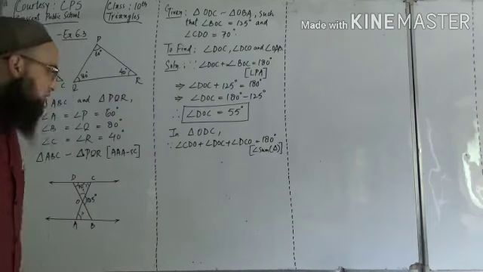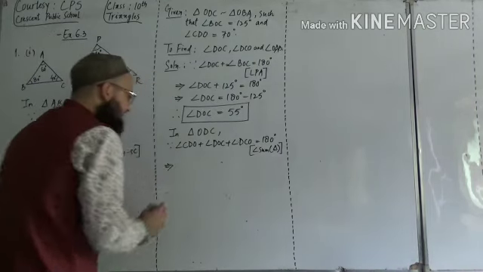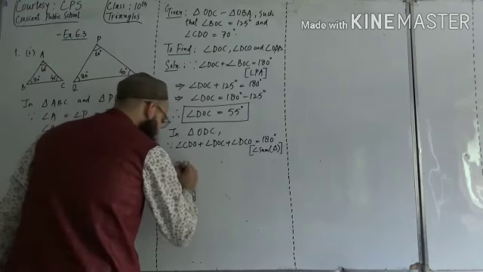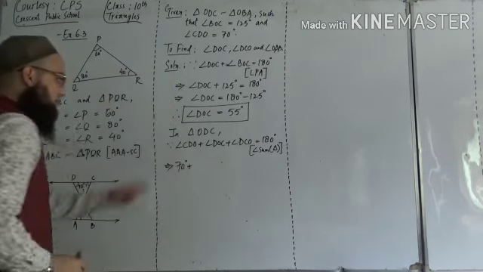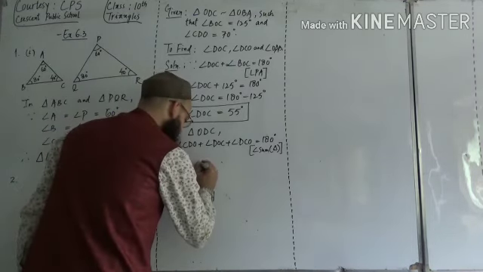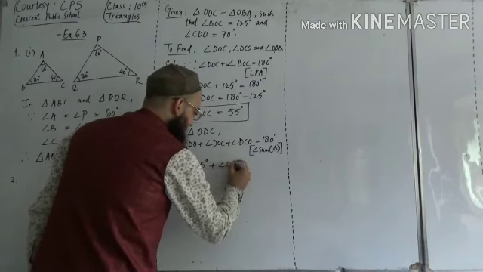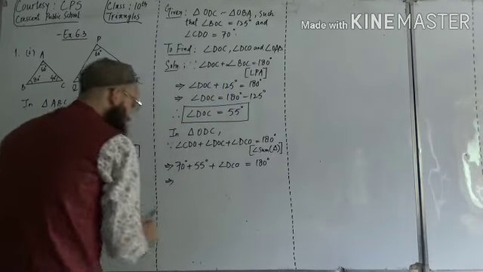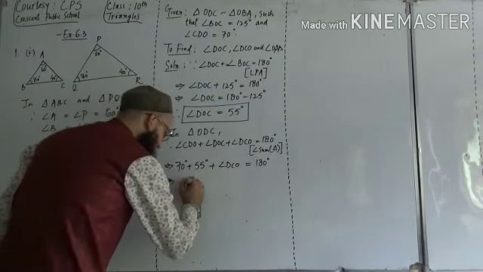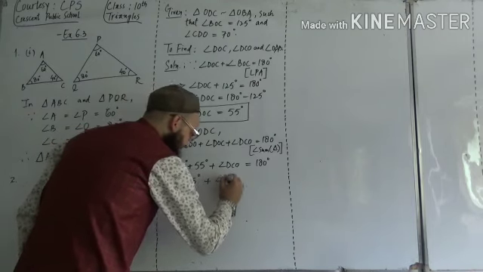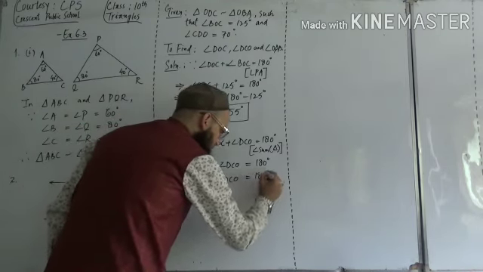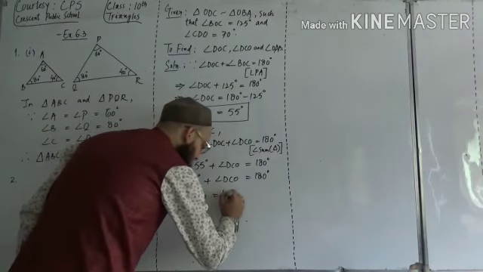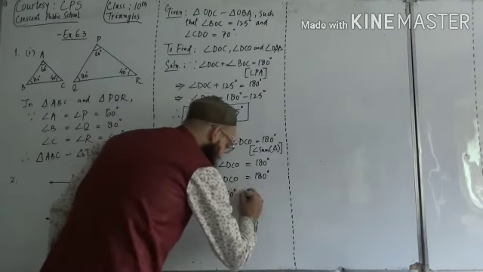This is the angle sum property of a triangle, which implies that CDO is 70 degrees plus DOC, we just got 55 degrees, plus angle DCO is equal to 180 degrees. Adding these you'll get 125 degrees plus angle DCO is equal to 180 degrees, which implies that angle DCO is equal to 180 minus 125 degrees.